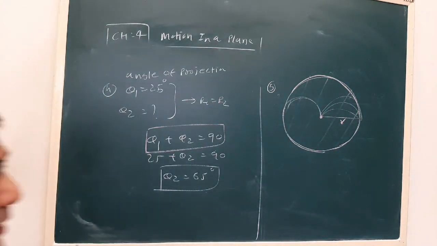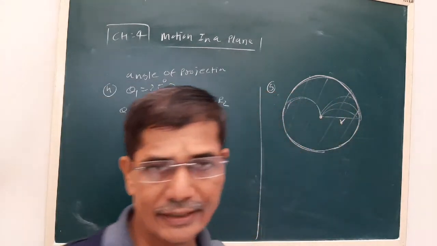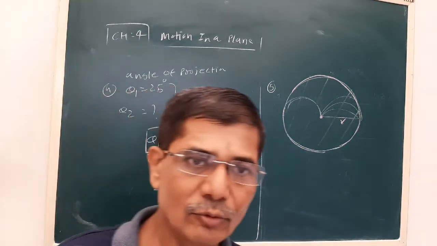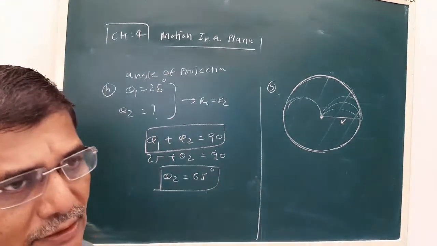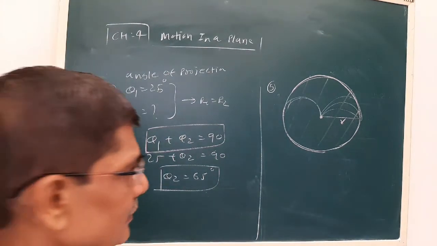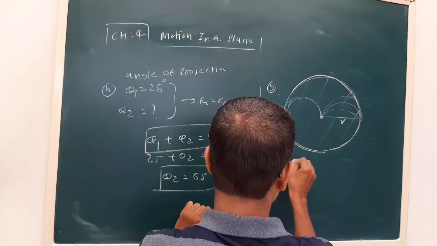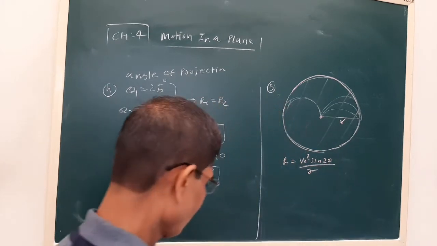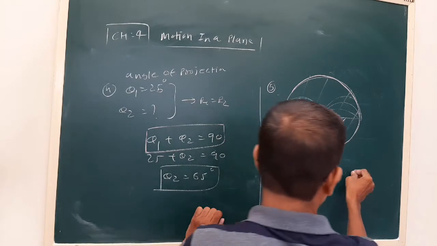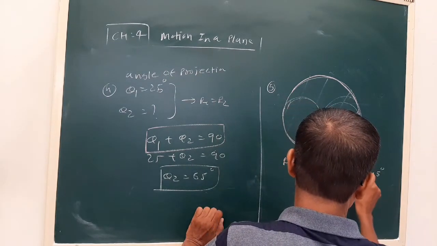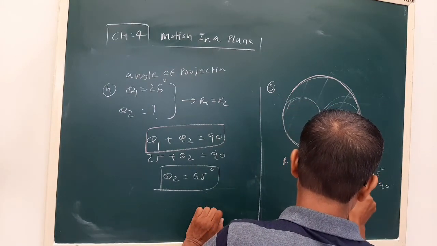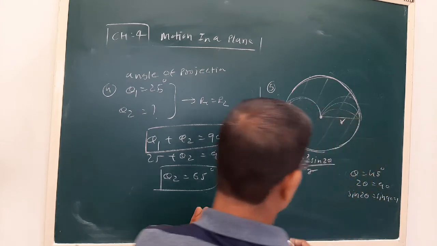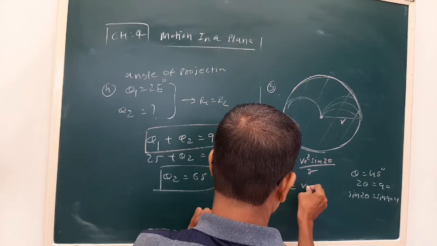Now, he can fire the bullet at different angles, but we have seen in the theory of projectile motion, when the angle of projection is 45, the range is maximum. Now, range formula is v0 square sin 2 theta upon g. For theta is 45, 2 theta is 90, sin 90 is 1, so R is v0 square by g.